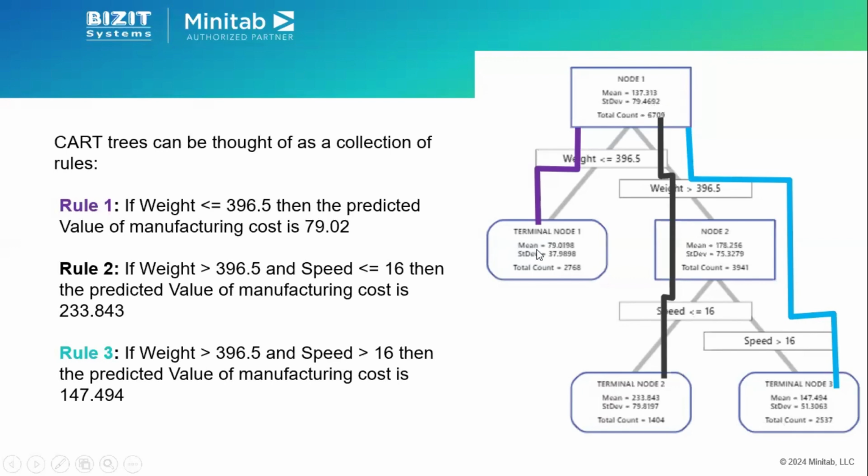But if you are interested in the terminal node with the highest number, you will go for terminal node 2. Terminal node 2 comes from the weight being bigger and the speed being lesser. So this is how we can get some interpretation from our tree, and this is considered one tree only.